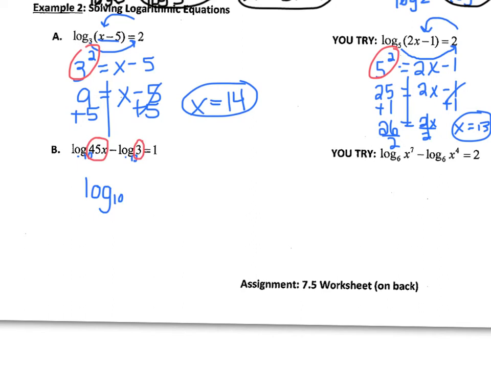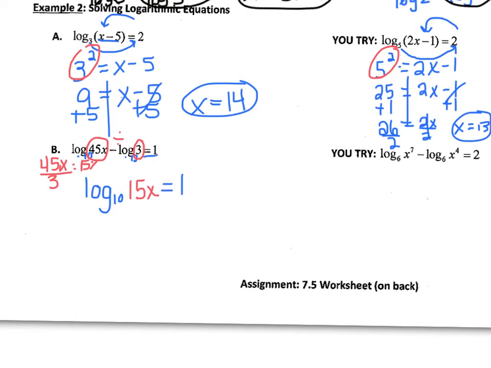Since it's a subtraction problem, we will divide those 2 numbers. So 45x over 3 is 15x. So that's what we're going to write next to the log base 10. All of that equals 1.